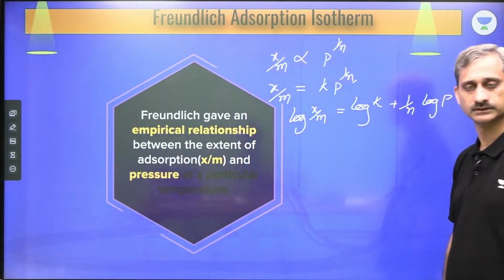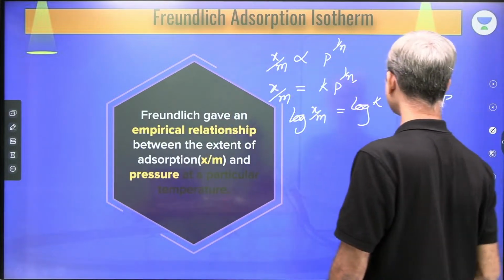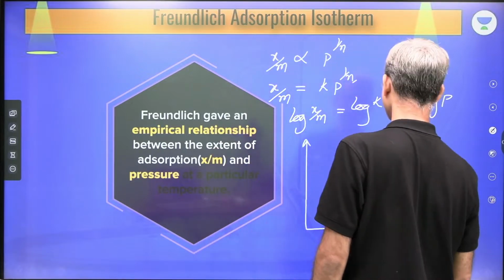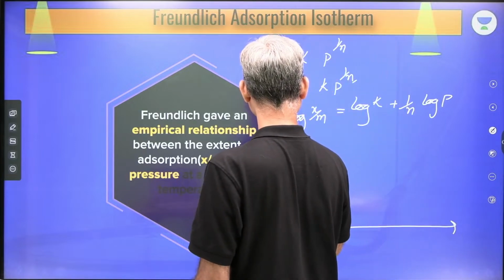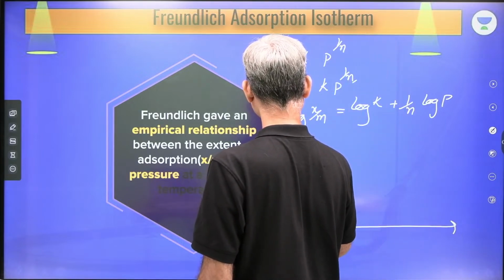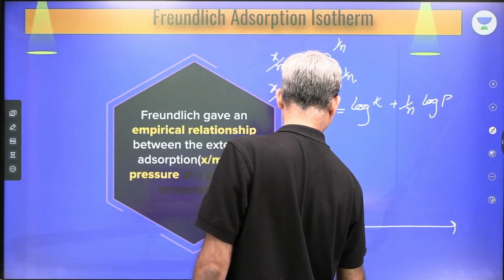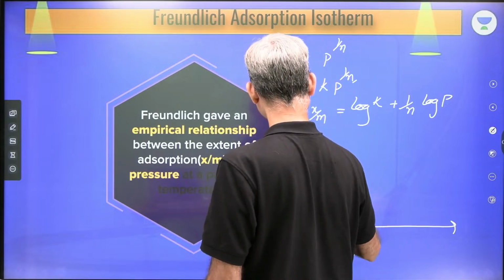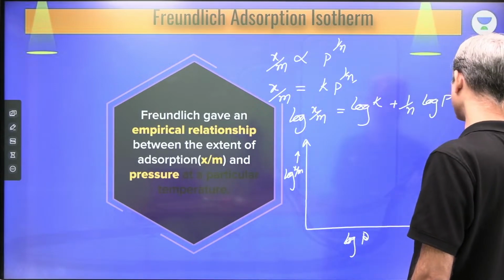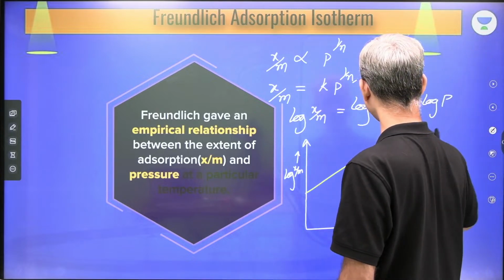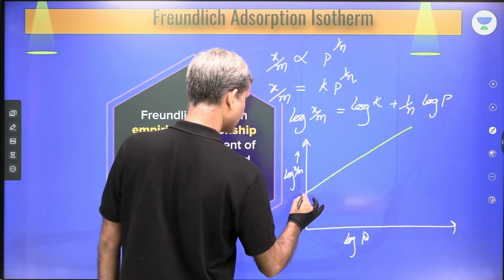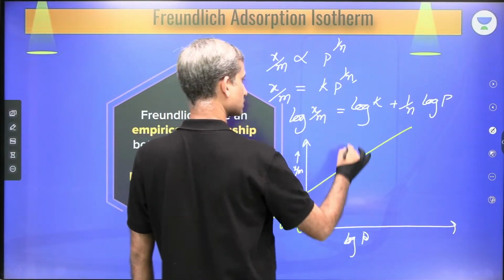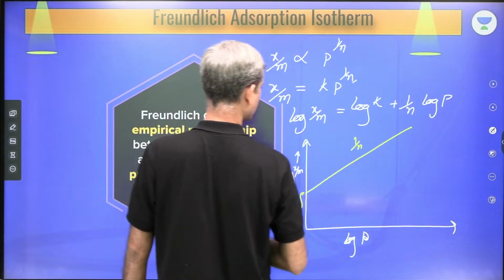So this is the equation for a specific value of n and specific point on the curve. Now if you want to make a graph, this can also be converted into a graph, and here we have log x by m and here we have log p. The graph is going to be a straight line but not passing through the origin, it's going to pass through some other point. This is what we have as an intercept. Now this intercept would turn out to be log k and the slope is going to be 1 by n.